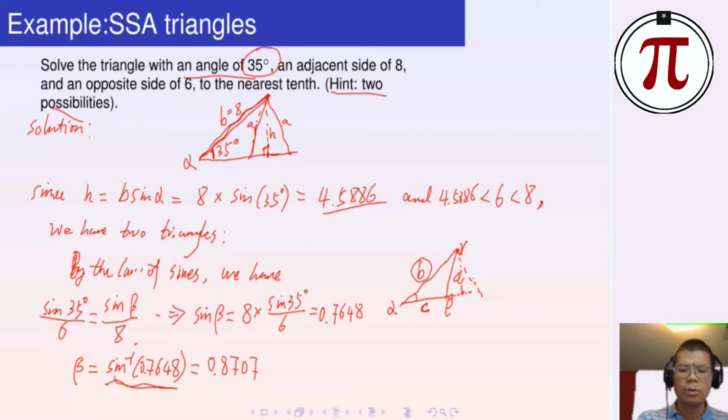How to convert it to degrees? Anybody got this one? Convert 0.8707 to degrees. Is it just multiply by 180?